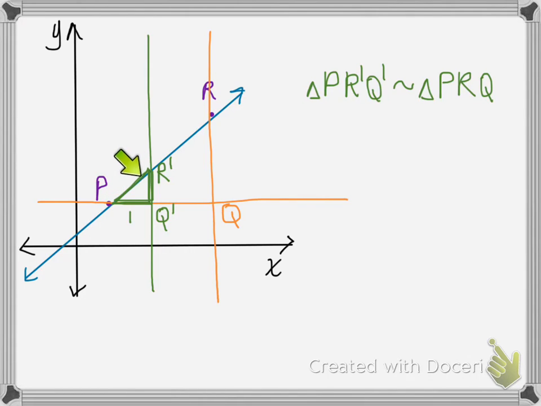The RPQ angle is in both triangles, and then both triangles also have a 90-degree angle right here. So quite simply, we can see that these are similar triangles. So we know that the corresponding parts, the ratios of the corresponding parts are going to be equal to one another. So we can write those ratios.